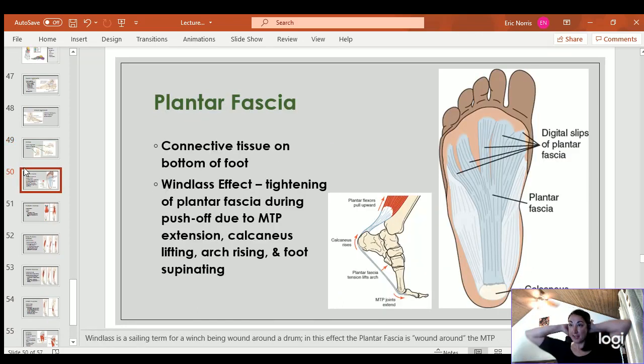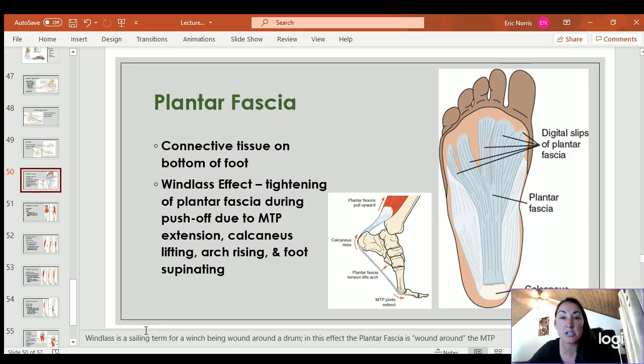The plantar fascia is connective tissue on the bottom of the foot. Typically whenever people have plantar fasciitis, they feel pain right here at the connection site to the calcaneus. Sometimes they will also feel pain along the medial or middle portion, or along the attachment sites to the toes. But the plantar fascia has a thing called the windlass effect.